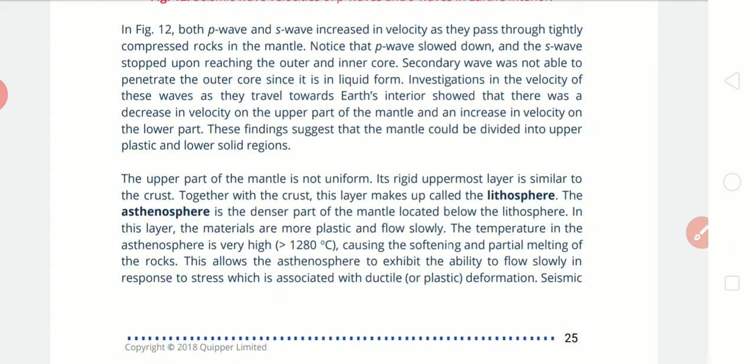This allows the asthenosphere to flow slowly in response to stress, which is associated with ductile or plastic deformation. Plastic means it can be easily deformed but does not break apart. It responds to stress or changes in its surroundings but does not break down. Instead, it joins together with the other components and continues flowing.